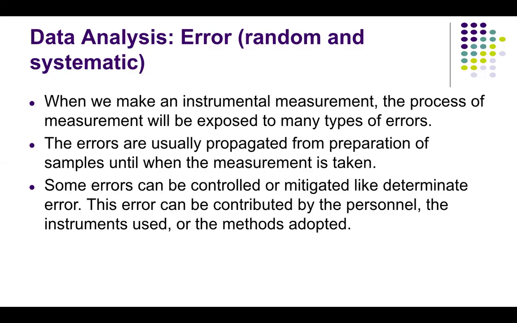Let's say I am colorblind, and I'm doing titration based on color change. Every time I do analysis, I'm contributing the same amount of error because I fail to see the color change. The third example of systematic error is that the instrument itself is faulty.